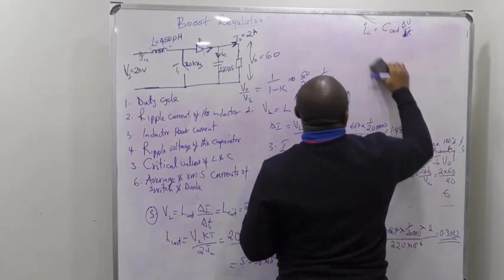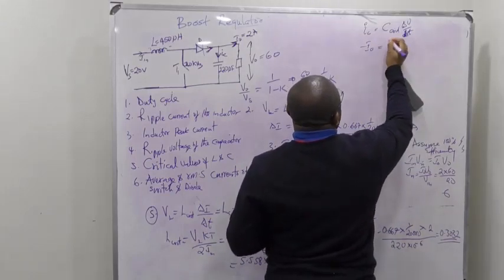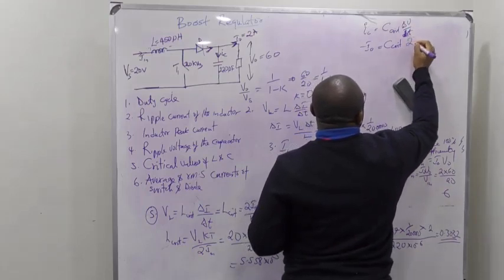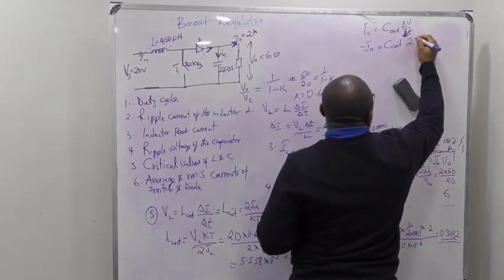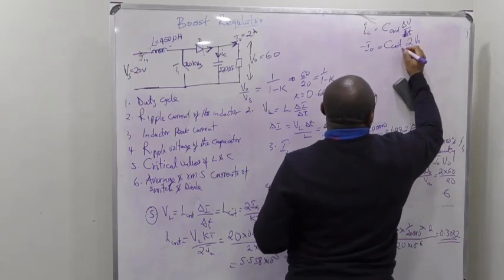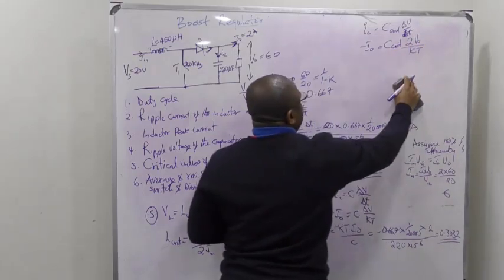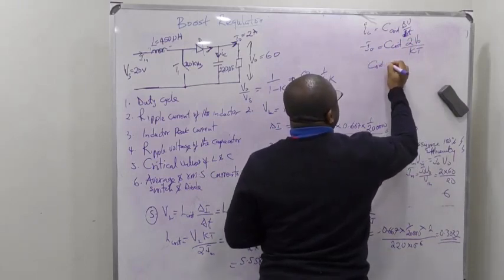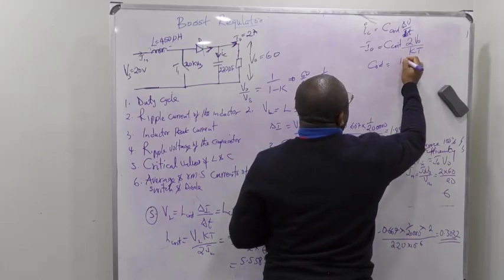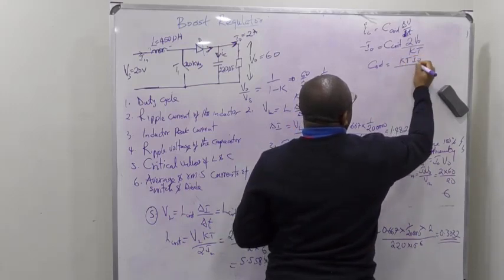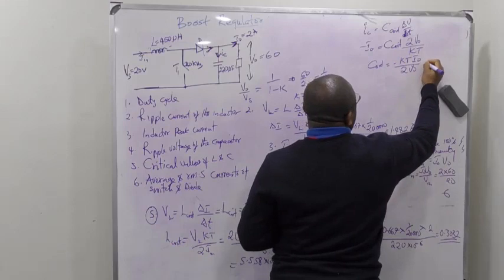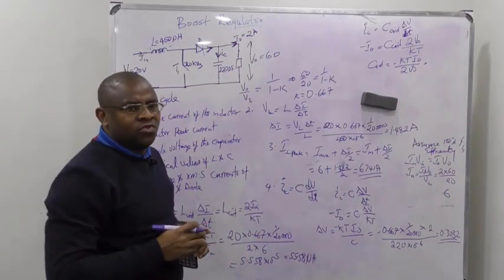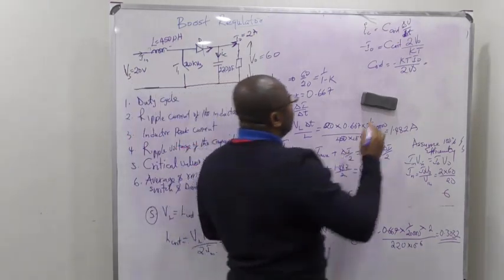Let's just put here minus IO equals C critical by delta V, which will be twice of VO as the average value, divided by KT. You have like that, all right? So if I want to get a critical value, C critical, I'll have KT IO over 2VO, okay? So we just put the values there.